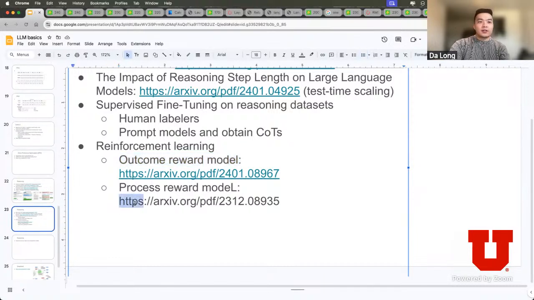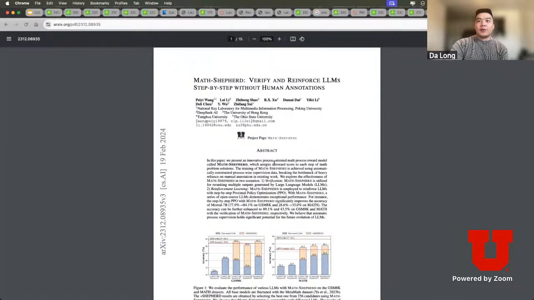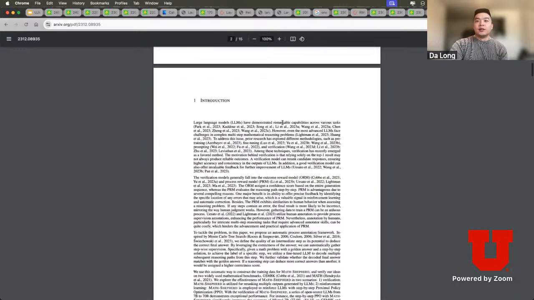And the other direction is the process reward model. So the idea is that maybe there is a case like the intermediate steps are correct, but the final answer is wrong, or the steps are wrong, but the final answer is right. So the previous outcome reward model is not good. So they propose to evaluate step by step. They will give you a reward for each reasoning step, right?